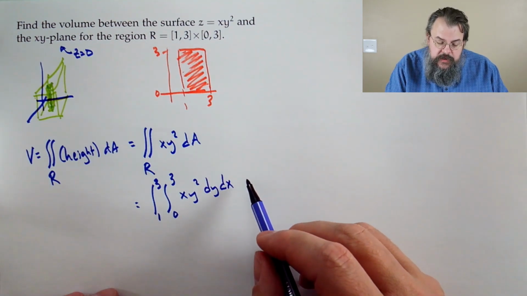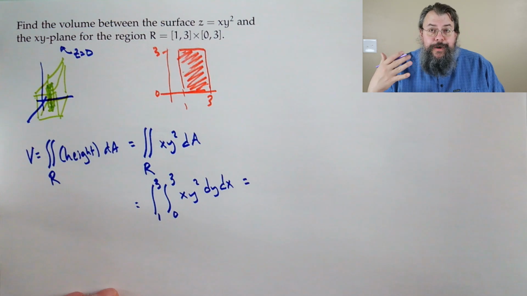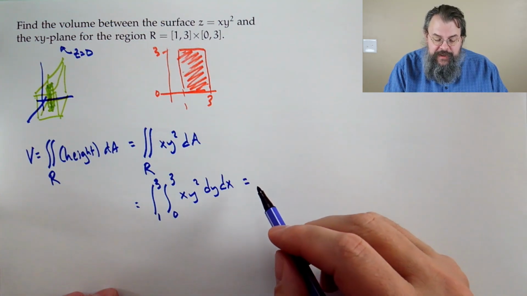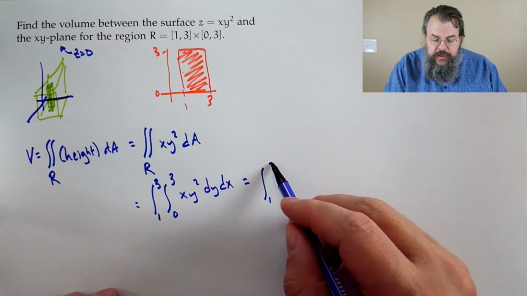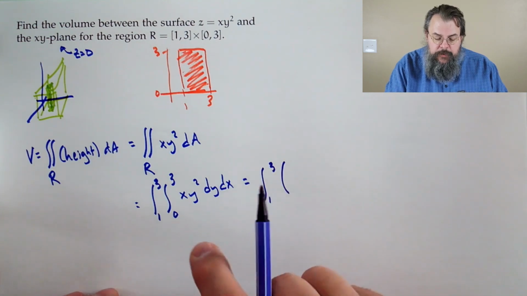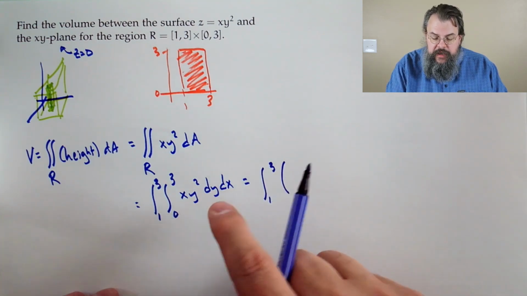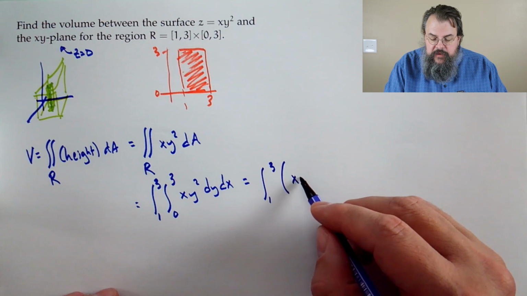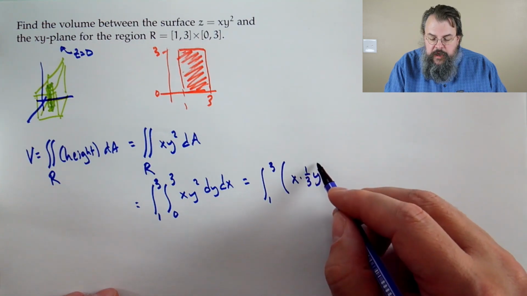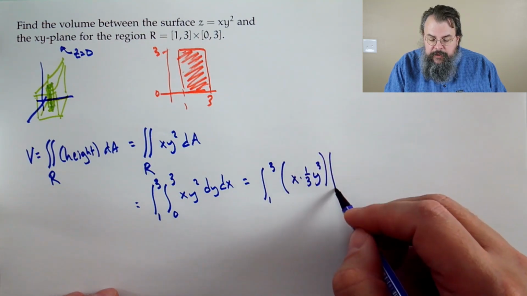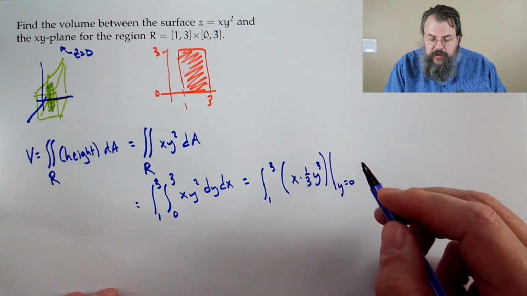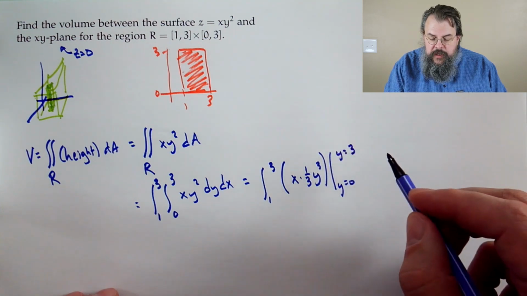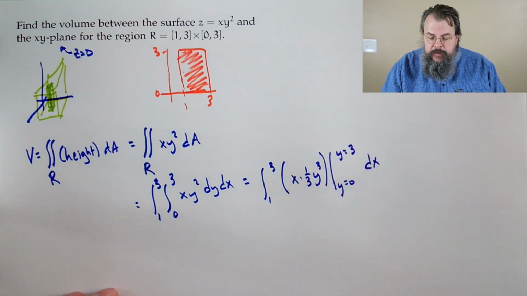All right, so, work through one layer at a time. So, integral 1 to 3 of, we integrate with respect to y, x is a constant, so we get x times 1/3 y cubed. Evaluate that, y equals 0 to y equals 3. And we're going to dx.